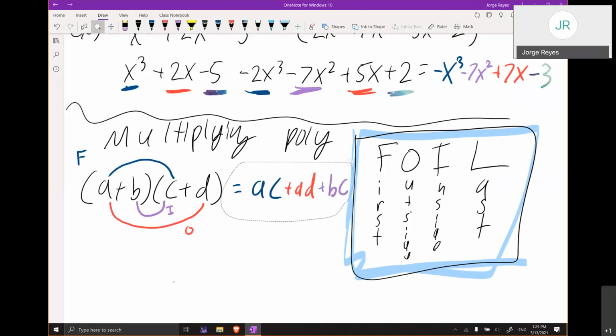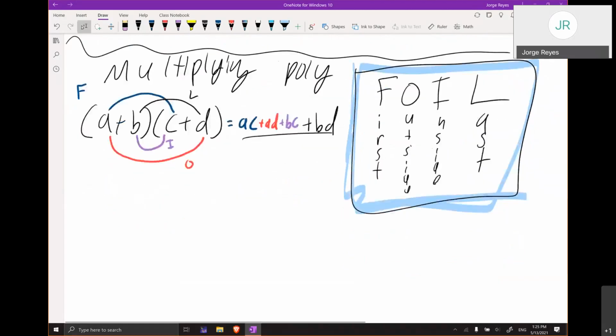Okay. And then last, plus bd. And this is the answer. This is the FOIL. So that's how you FOIL.